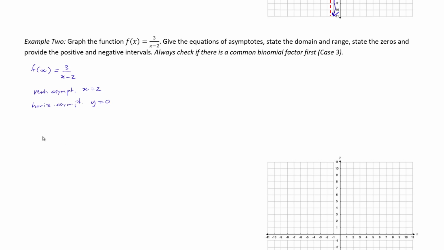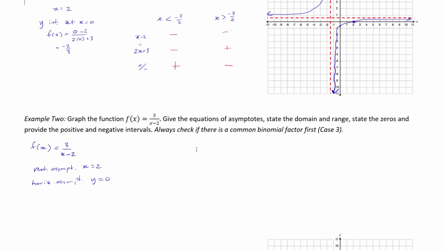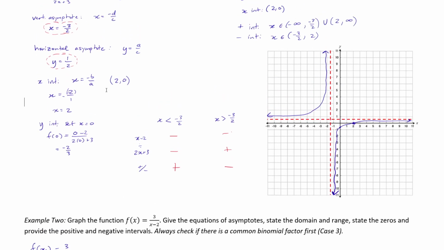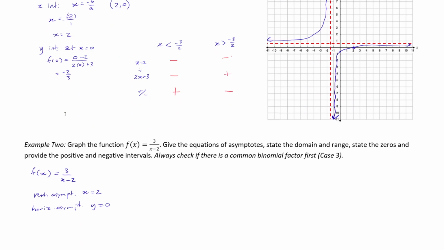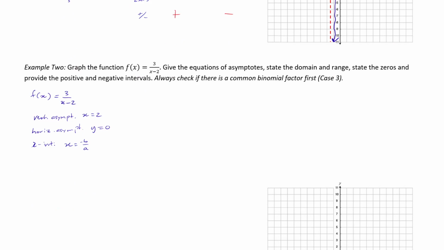And then we have to look and see if we can find the x-intercept. So I want you to think about that x-intercept, which is the next thing that we have to do. The x-intercept is negative b over a. So maybe you thought about this and you're like, okay, well, negative b, if I look at this, that means I have x is equal to negative 3 over, and my a value here is 0, because it's ax plus b.